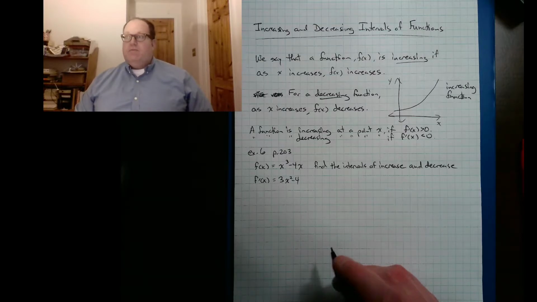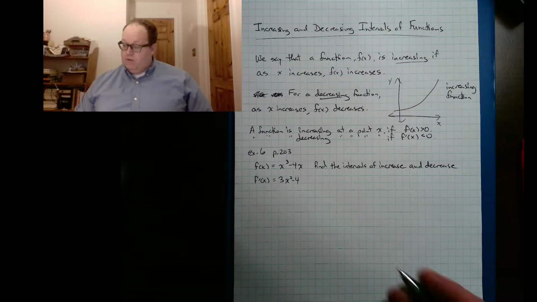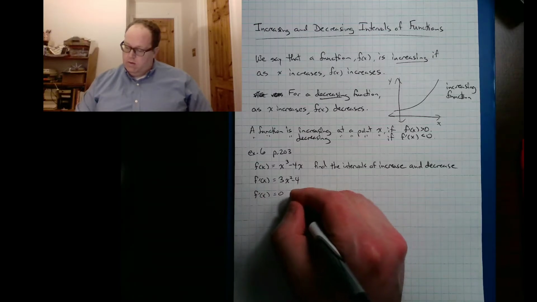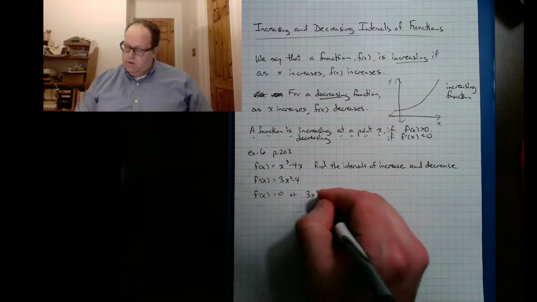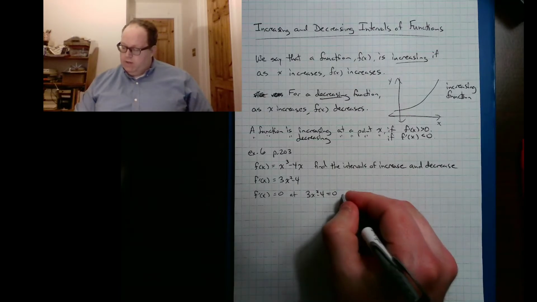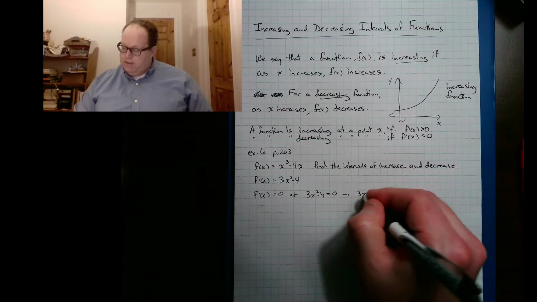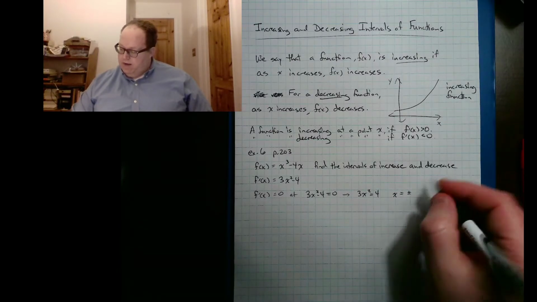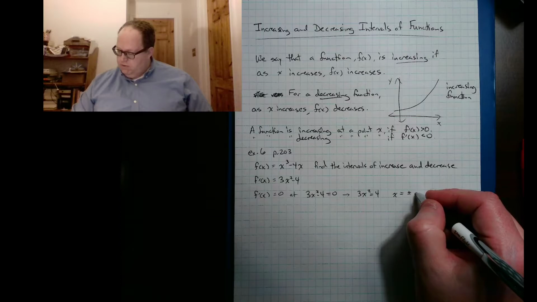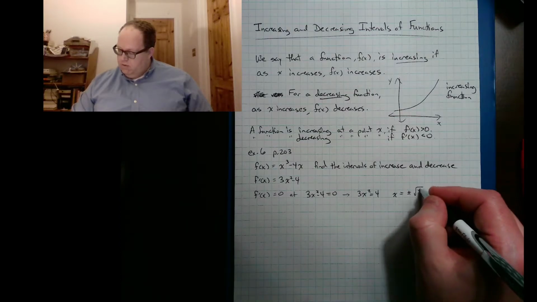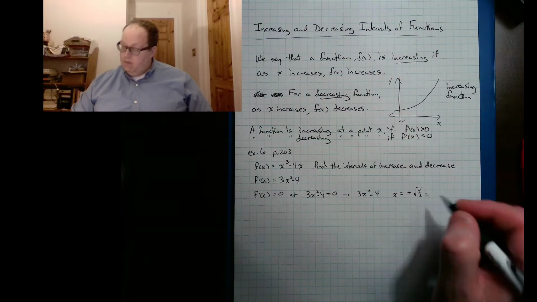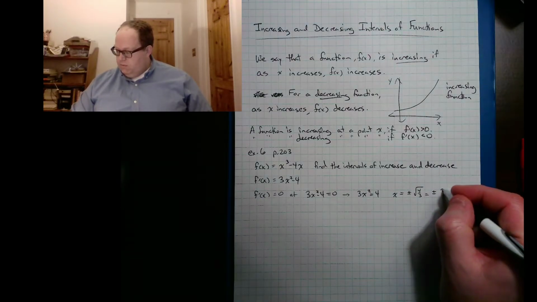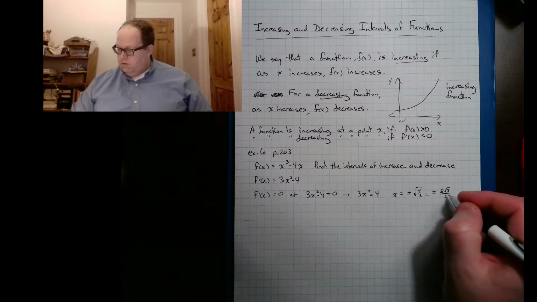And to do that, I'm first going to talk about where the derivative is equal to 0. Running through this, I would get that 3x squared would equal 4, or x would equal plus or minus root 4 over 3, or, if you like, plus or minus 2 root 3 over 3.